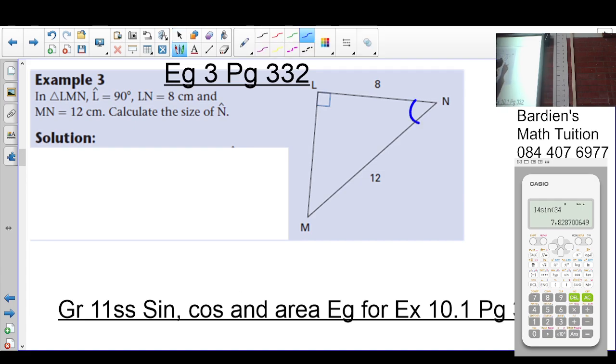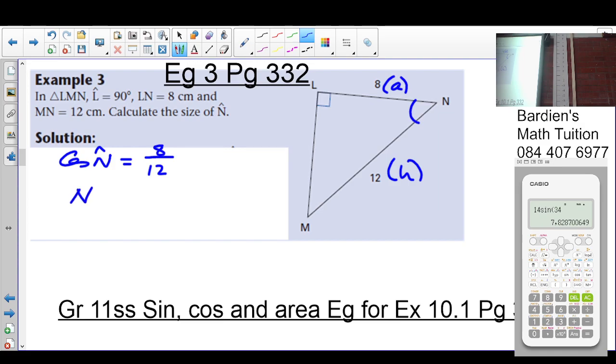So we look at N. What do we have? This is my adjacent and hypotenuse. Which trigonometric function uses adjacent and hypotenuse? Cos. So cos of angle N is equal to the adjacent, which is 8, over the hypotenuse, which is 12. So how do we calculate N?